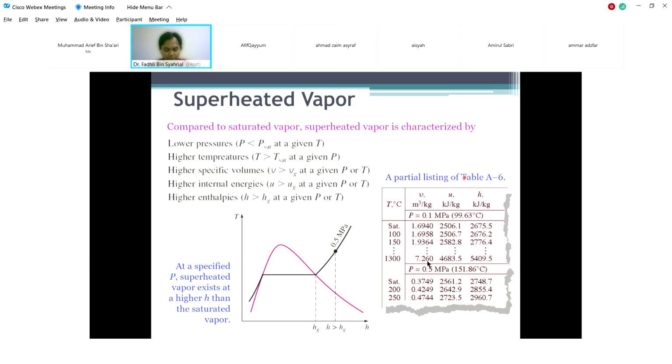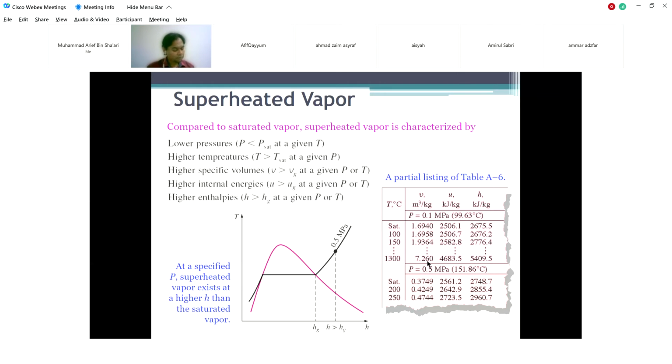In table A6, you can see your table right now. Table A6 has small columns, right? For each small column, the pressure is different.